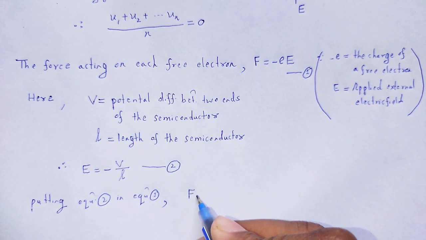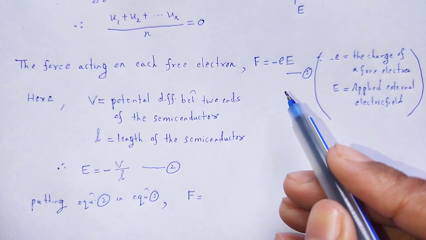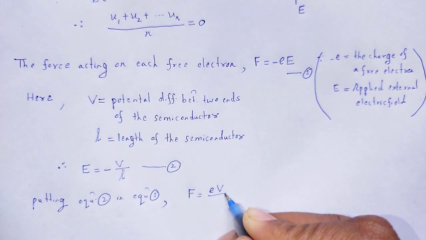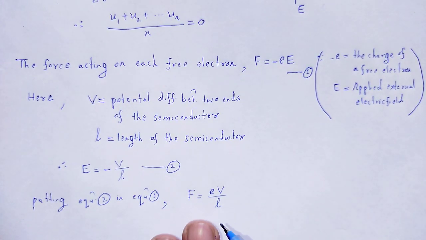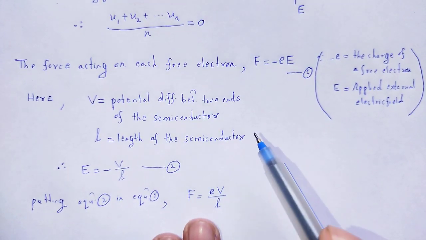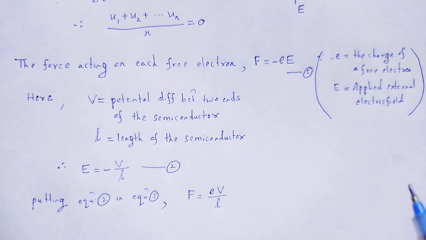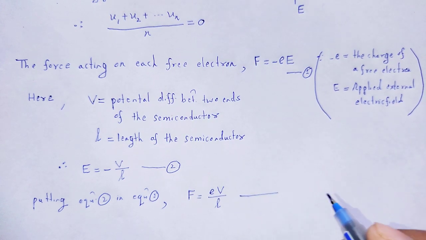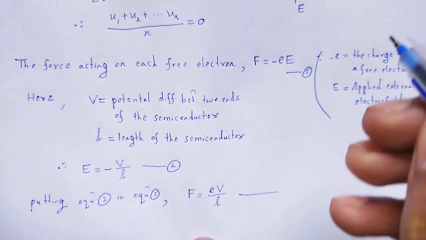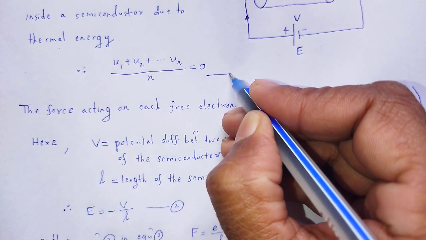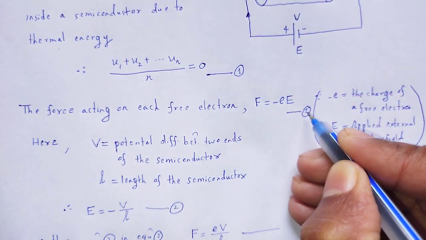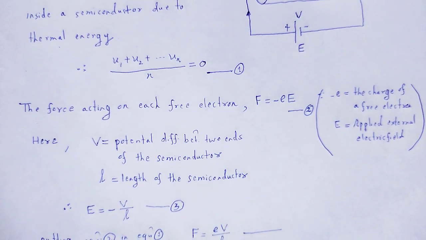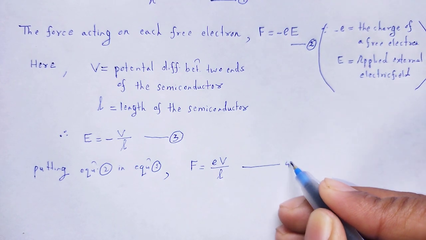So, F we obtain as eV divided by L, that is the force acting on each free electron inside the semiconductor. Let this be equation number 3, and that one is equation number 4.